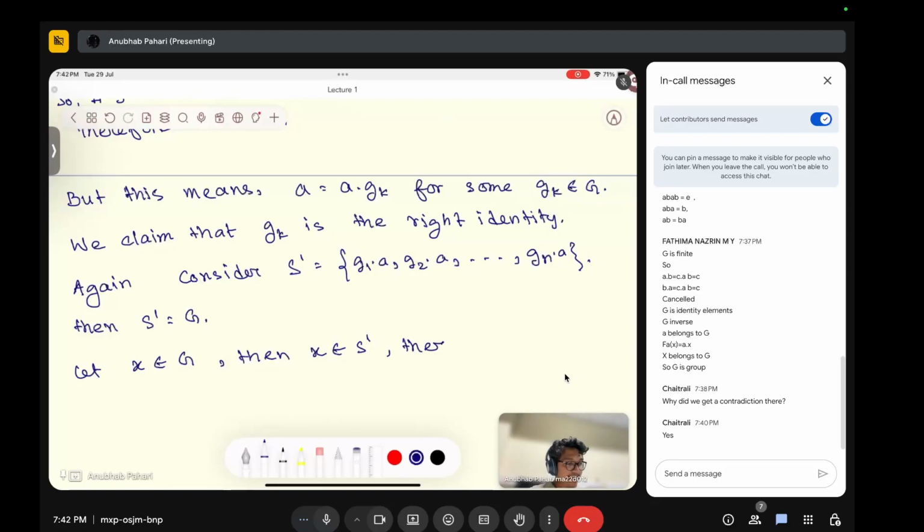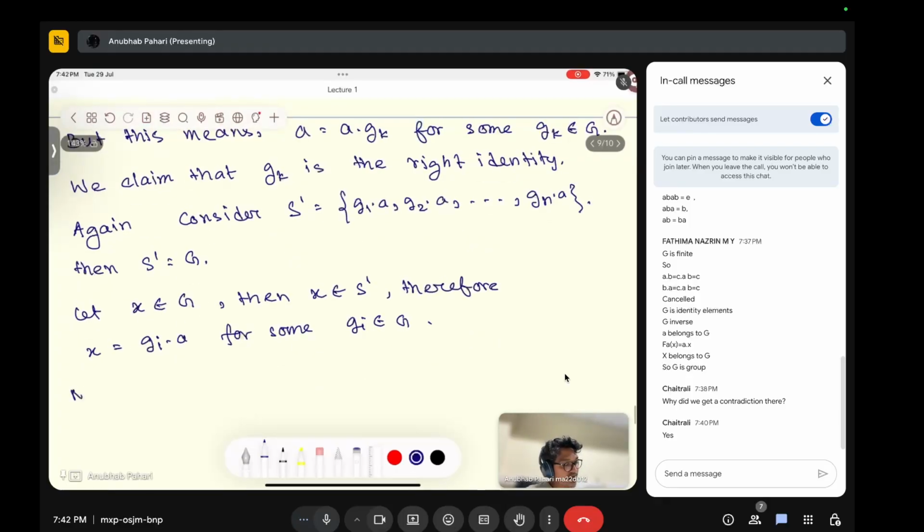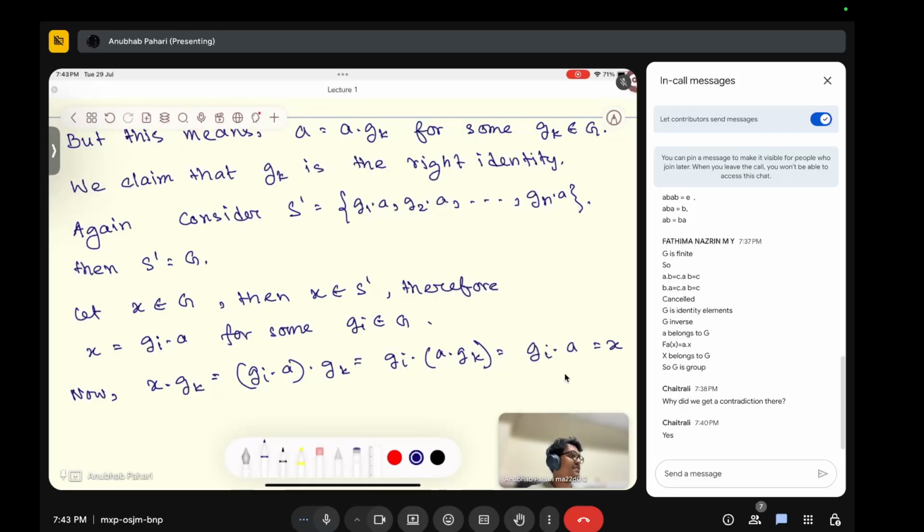Therefore, x equals Gi dot A for some Gi in G. Now x dot Gk equals Gi dot A dot Gk, which is nothing but Gi dot A, and that is again nothing but x.